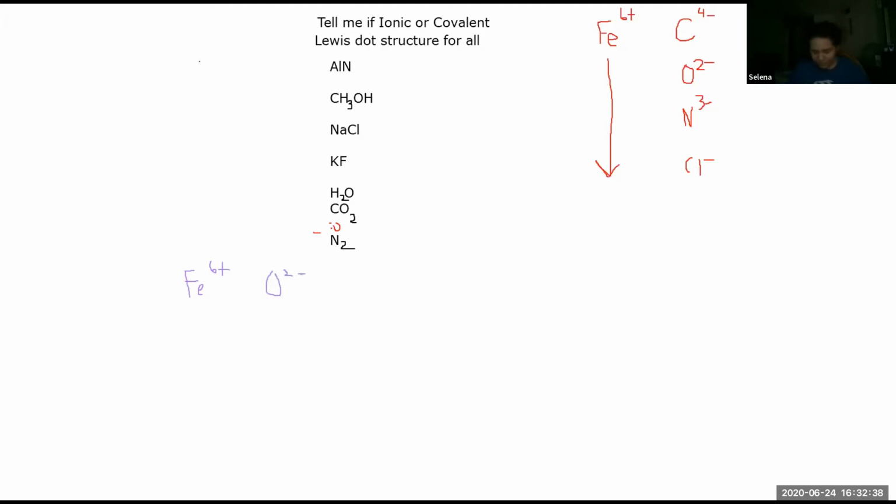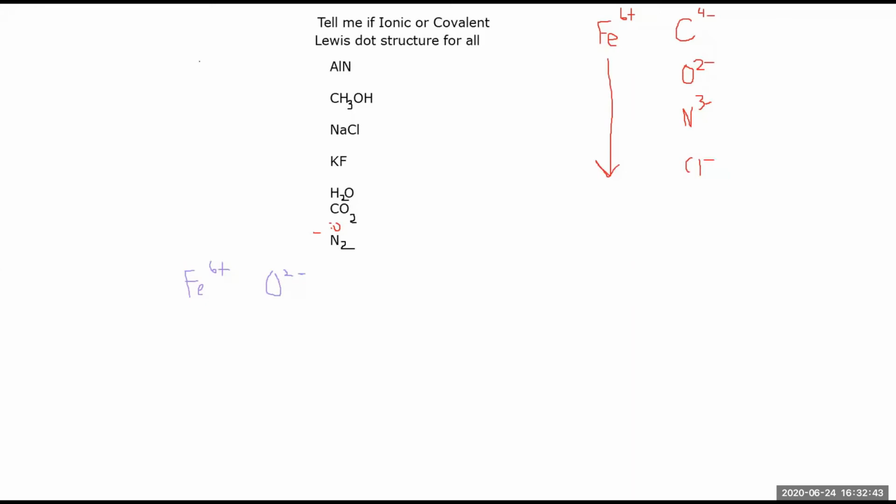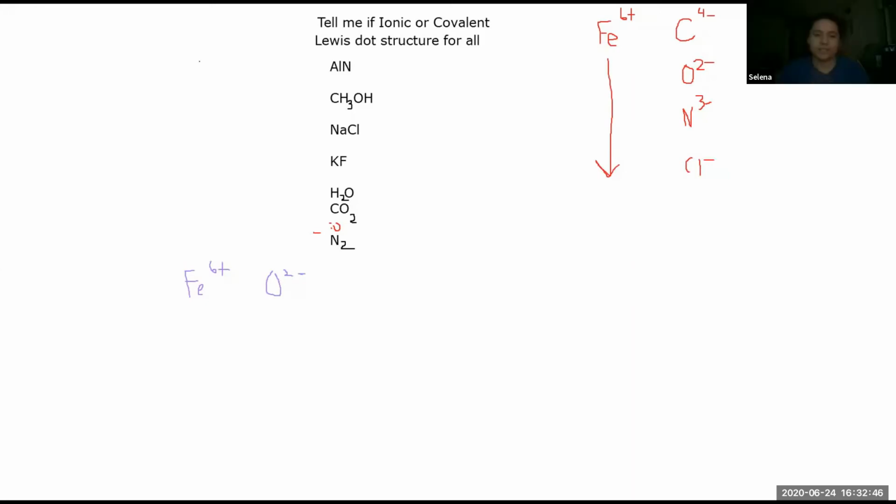So what I did was I found a different way of doing it. What I did first was try to balance the charges. On iron, I have a 6+, and on O, I have a 2-. And I know that in order for the O to have a 6-, you would have to have 3 of those O's, so 1, 2, and 3. If you add these 3 charges together, you get a 6- charge.